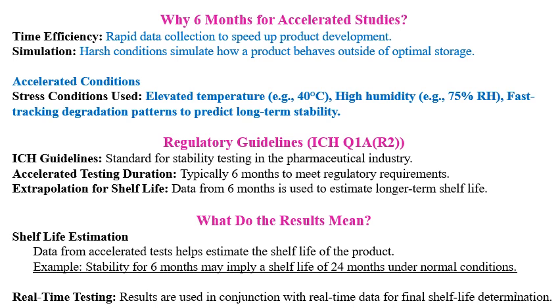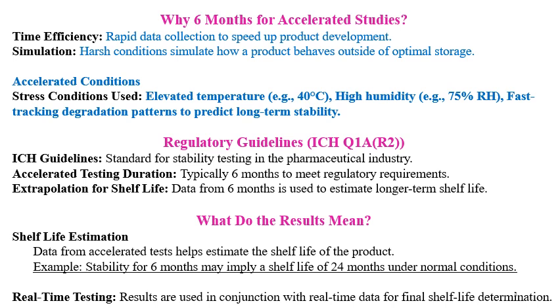Accelerated conditions or stress conditions are those conditions at which the temperature is elevated, like 40 degrees Celsius, and humidity is high, like 75%. So it fast tracks the degradation patterns to predict the long-term stability. That means from the 6-month accelerated data, you can predict the long-term stability pattern.